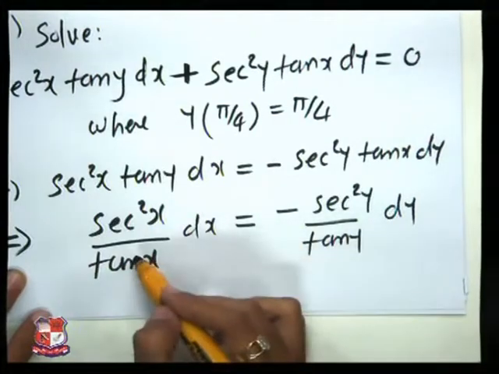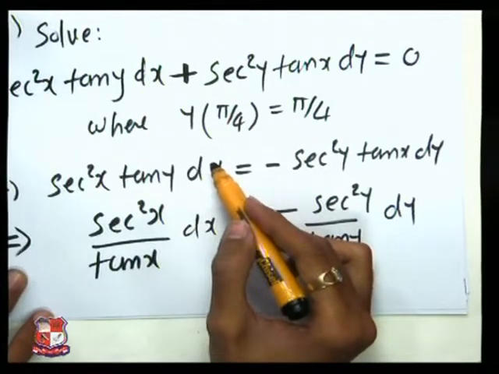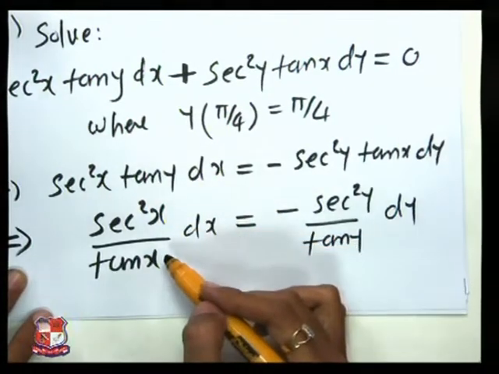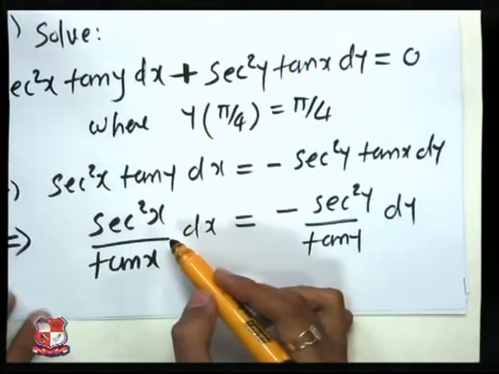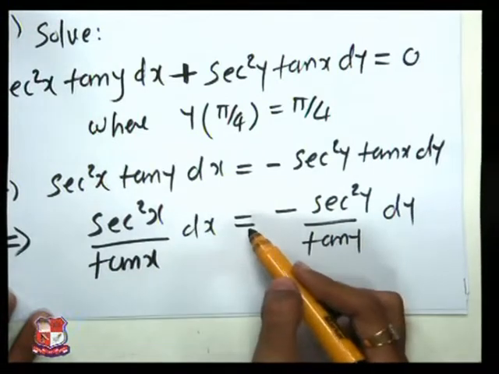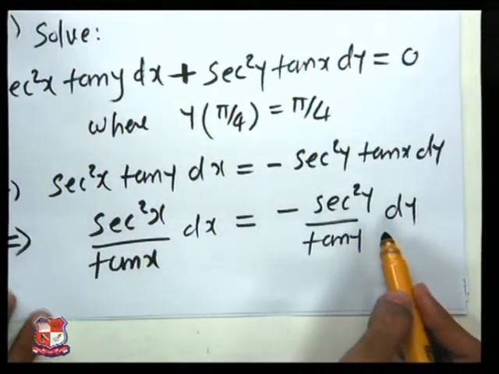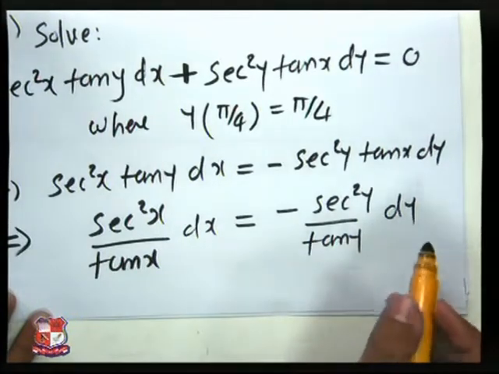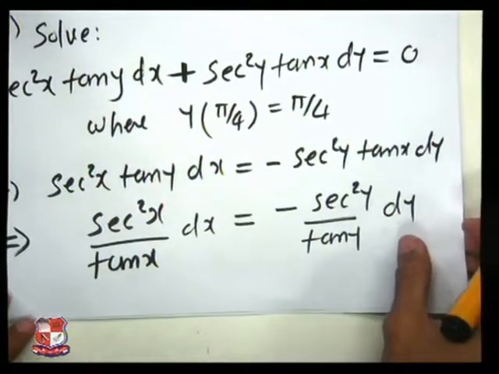That means variables are separable in this differential equation, so we can solve it by the method of variable separable. So here sec square x upon tan x into dx is equal to minus sec square y upon tan y into dy. To solve this differential equation, we will integrate both sides.